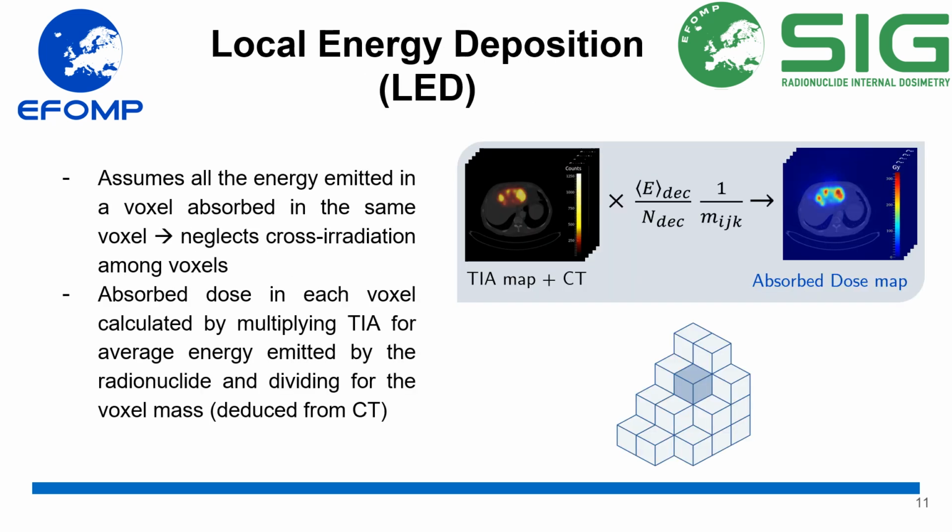Local energy deposition assumes that all the energy emitted in a voxel is absorbed in the same voxel, neglecting the cross-irradiation among voxels. Thus, the absorbed dose in each voxel is calculated by multiplying the time-integrated activity by the average energy emitted by the radionuclide of interest and dividing it by the mass of the voxel, deduced from the CT.